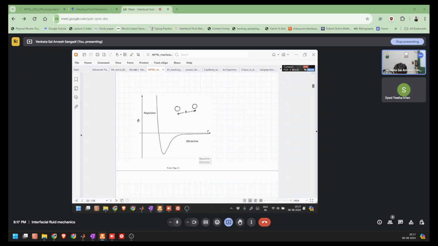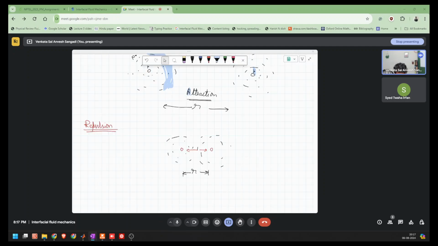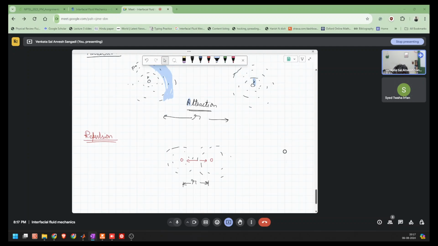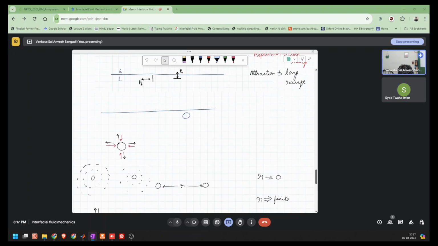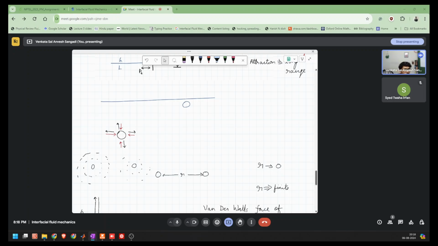These are the same forces that you might have studied before. This is the origin of the surface tension. If you have understood the force balance, then there is no problem. Mainly you have to understand the force balance.